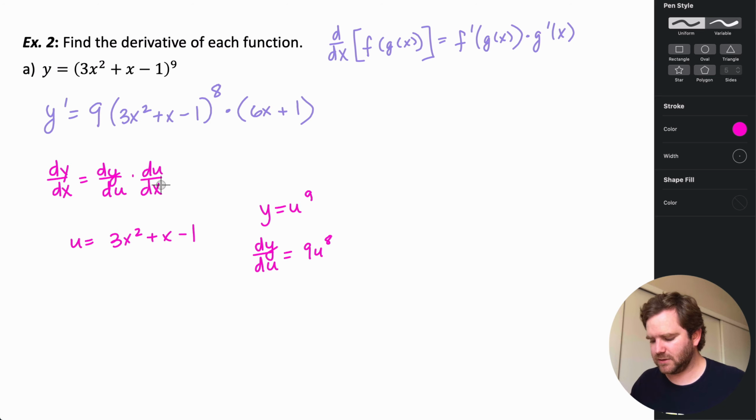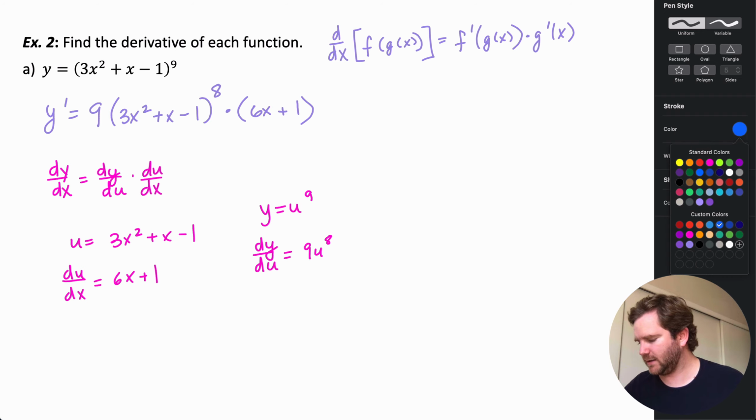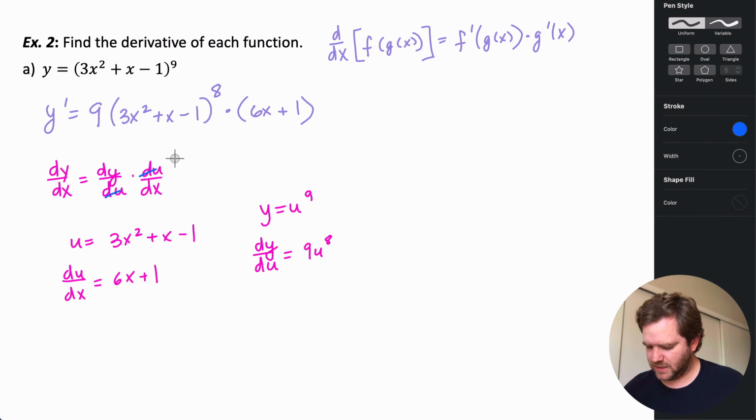And I need to take the derivative of u with respect to x. So the derivative of u with respect to x is 6x plus 1. Now we can see we're multiplying these. Now the reason why this works, right, you can kind of see, is we have these du's that are going to cancel, leaving us with dy dx, which is what we're looking for.